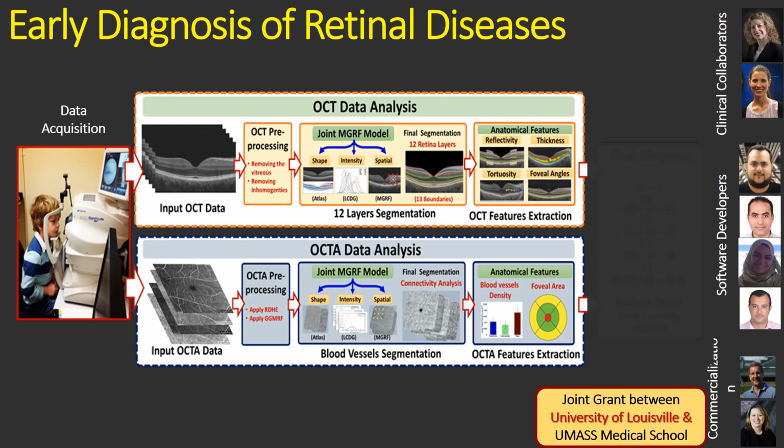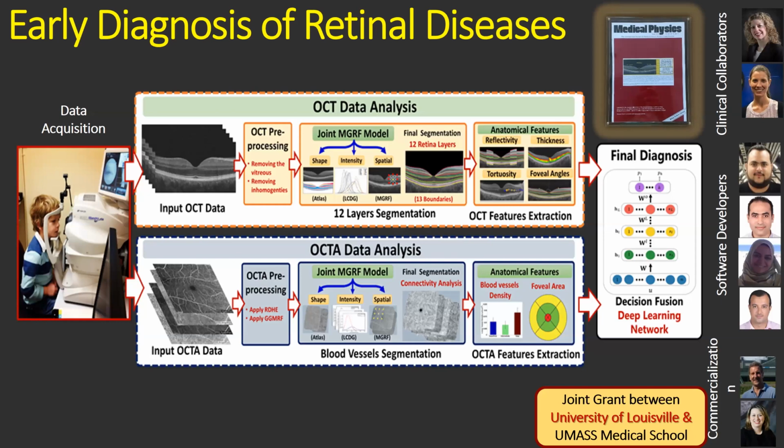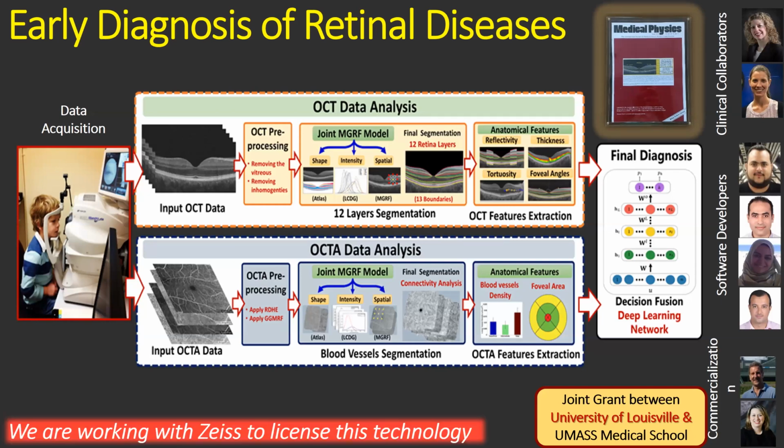So we developed a technology where we can use OCT to check the anatomy of the retina, and OCTA to check the vascular system of the retina, and develop accurate technology for early diagnosis of retinal disease. When we published our work, they selected it because we are the pioneer in this work.